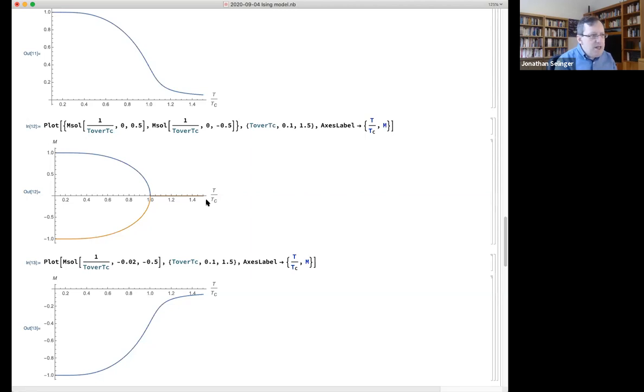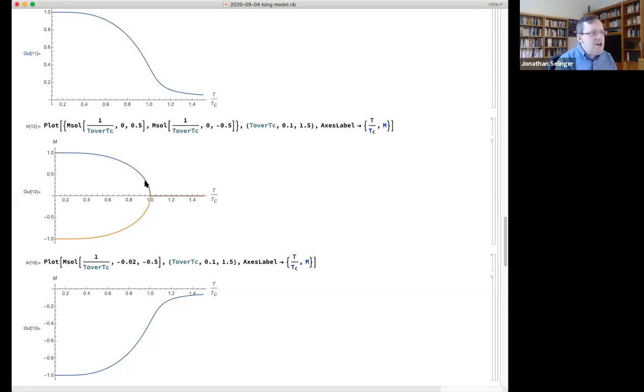So in this case, as you cool down, reducing the temperature, the order parameter m is zero until you hit Tc. And when you hit Tc, it bifurcates. It becomes either positive or negative.